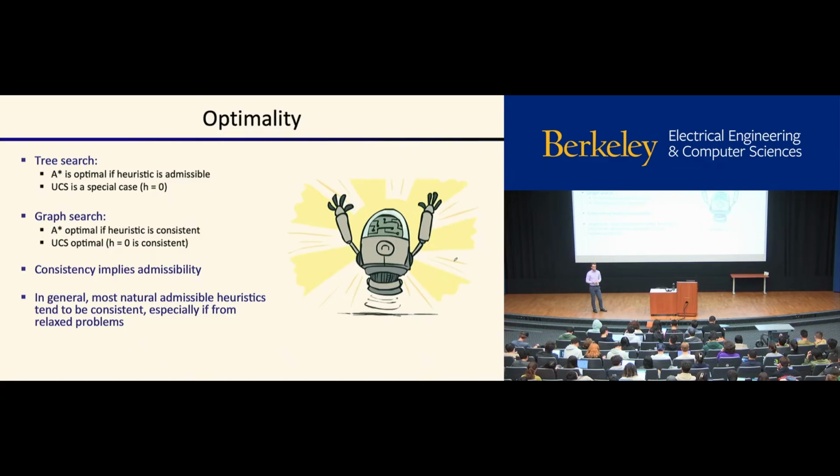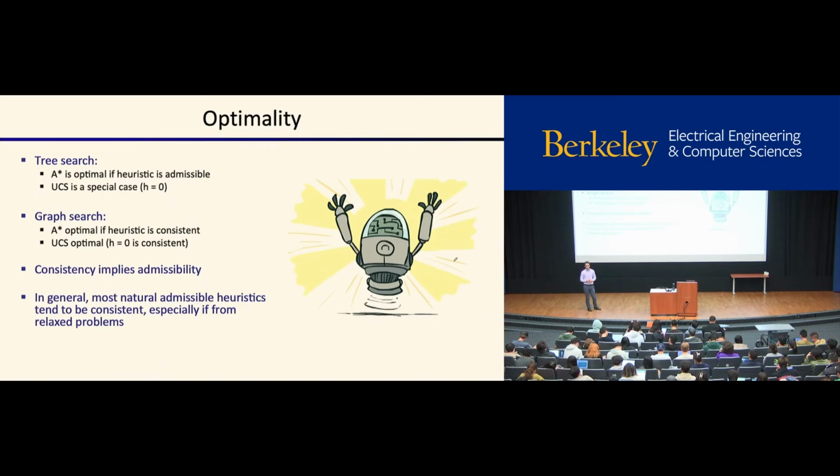So that would be the best way to get a consistent heuristic. But as I said, usually if we just take a relaxed planning problem, we're going to get not just an admissible heuristic, but also a consistent one. So that tends to just work out for you.